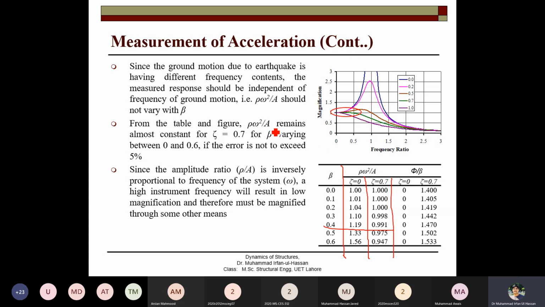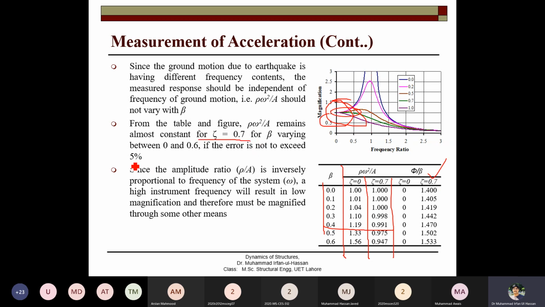Here A is the amplitude of the ground acceleration, rho is the amplitude of the system, and omega is the frequency of the system. So we know these parameters remain almost constant, but if you want to compute it, the ratio remains constant only in the initial part. In the initial part of beta less than 0.5, these are constant, and for zeta equal to 0.7, these are mostly constant for this damping ratio.